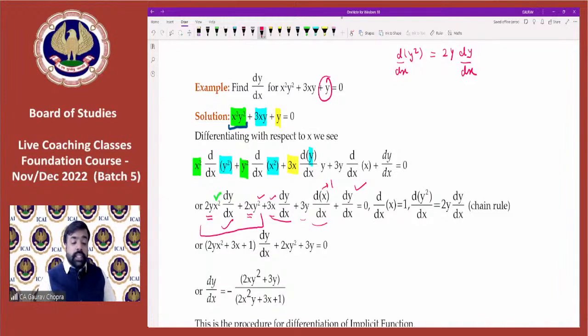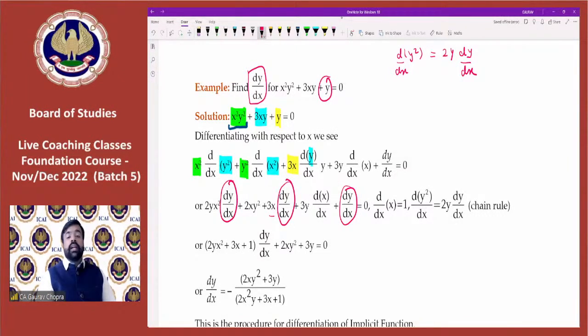Now the question is asking to calculate dy by dx. So we can put all dy by dx together. Out of all these, let's see where we are having dy by dx. This is the first dy by dx, then this is the second dy by dx, and the third dy by dx.